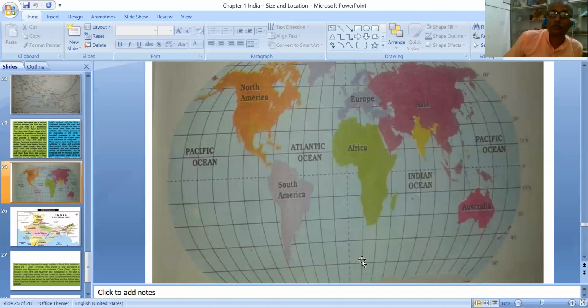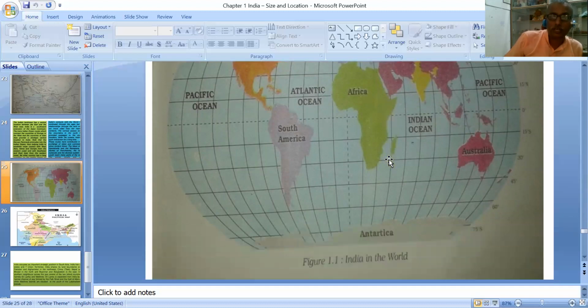Dear children, this is the position on the world globe. This will help you to understand where India is and what the neighboring countries are in Asia, the south part of Asia, India's location. Europe is here, and Africa, and the Pacific Ocean, Indian Ocean, Atlantic Ocean. So we can understand India's position in the world.